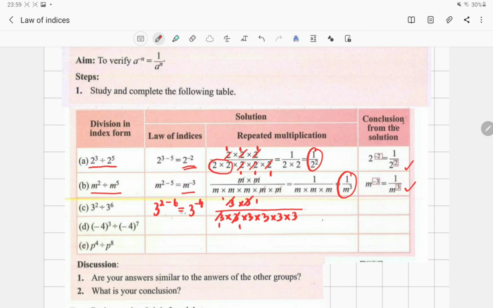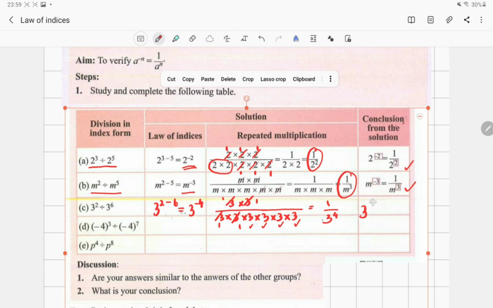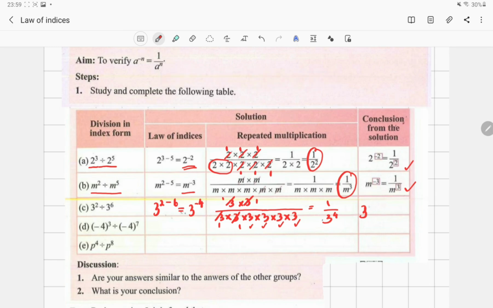And here we have 1 over 3 to the power of 1, 2, 3, 4. 3 power of 4. So based on this one, the conclusion from the solution, we get 3 to the power of negative 4 is equals to 1 over 3 power of 4.